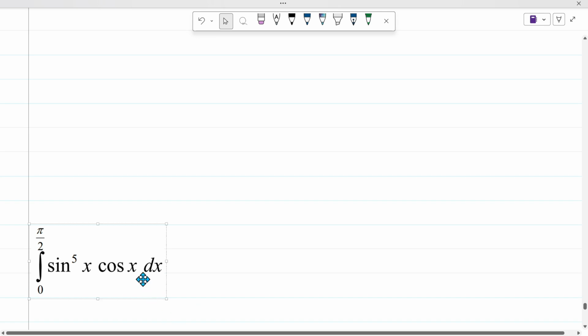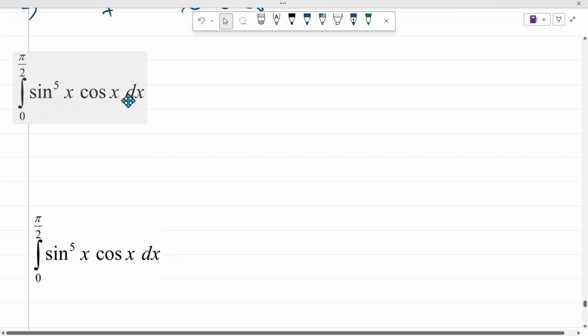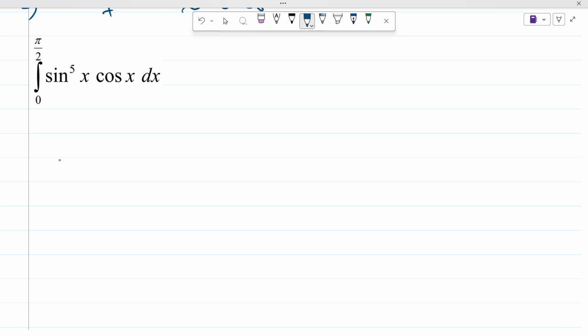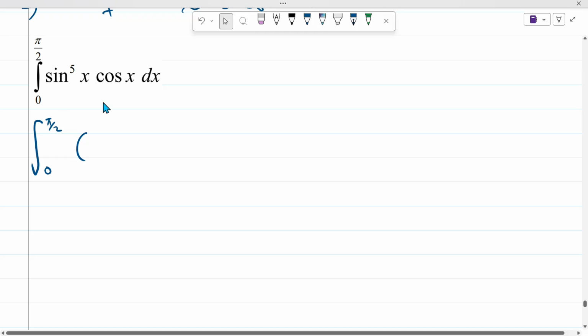So we have this question, with limits pi/2 and 0. First thing first, can we simplify this?